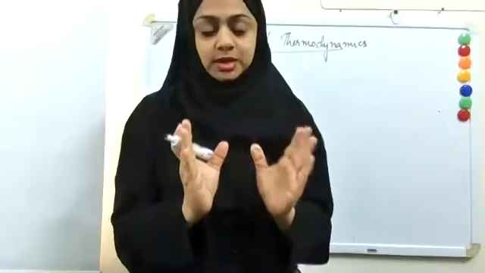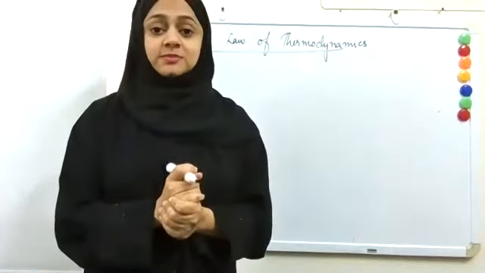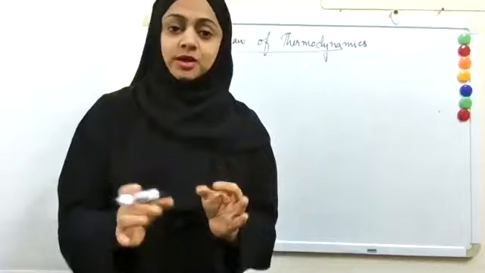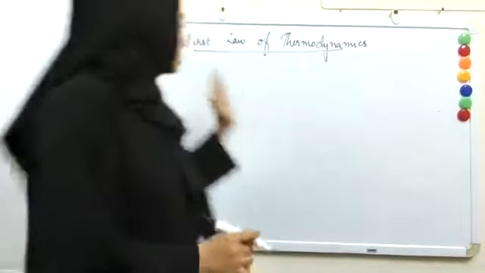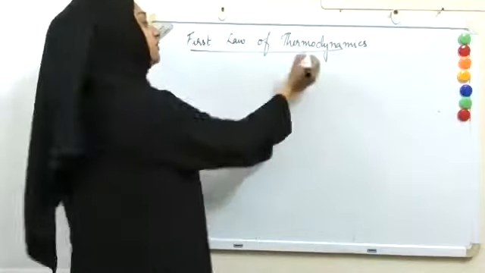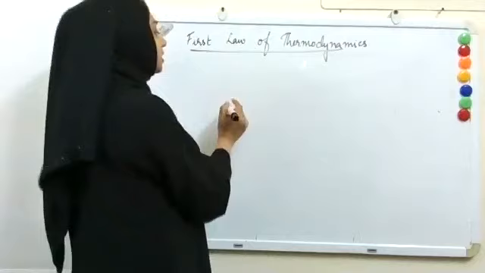So when you state the first law of thermodynamics, the language of physics is math. So any physical law can be best expressed in the form of an equation. So is the first law of thermodynamics. So we can state the first law of thermodynamics in words as well as in an equation.